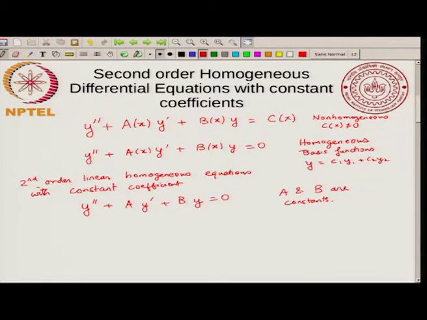Now, you can do this using the system of differential equations. You can convert it into two first order differential equations, and then you can use matrix methods. Alternatively, you can directly do this using trial solutions.